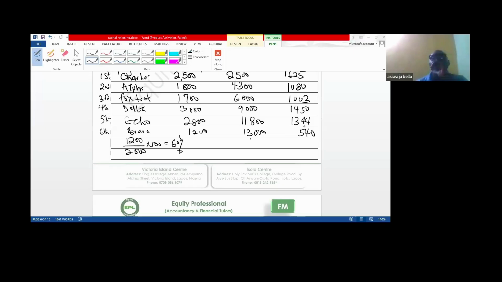Now the question is, how do we invest this 1,200? Should we take a fraction of the project?